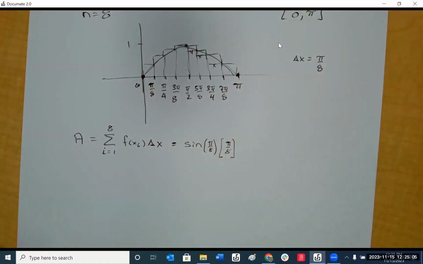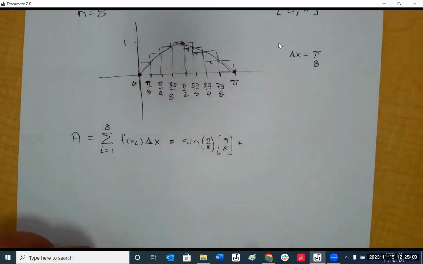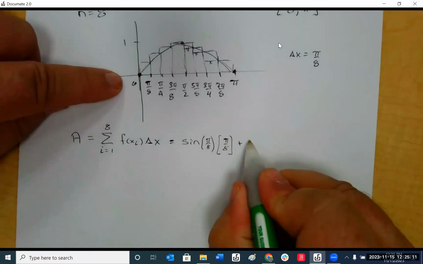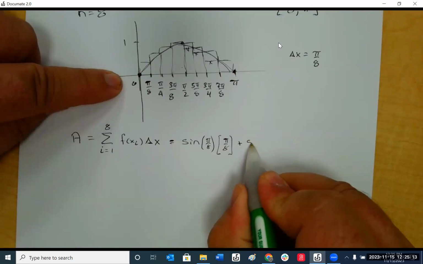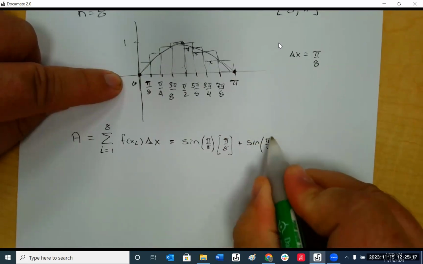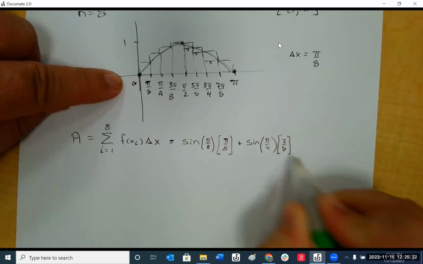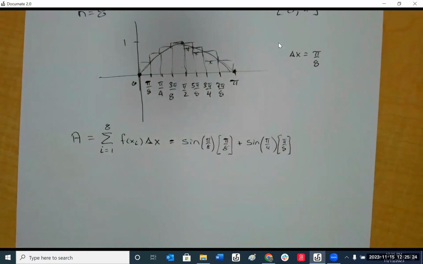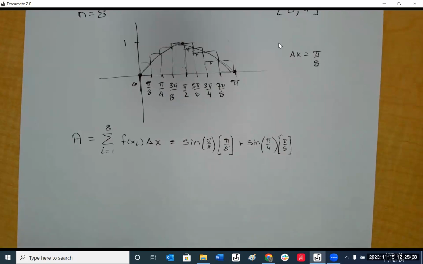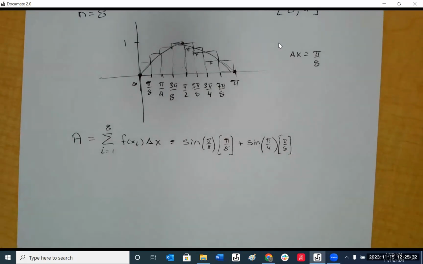That's the width of our intervals. Then we have our next interval. Sine of pi over 4 times pi over 8. Again, we can keep on doing this, or we can factor out the pi over 8 and multiply at the end, whatever you guys want to do.